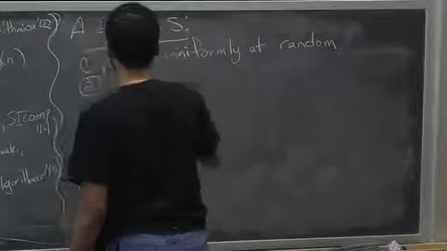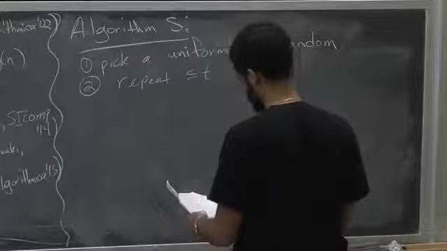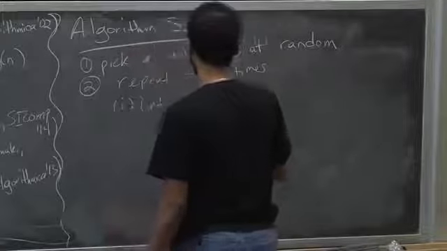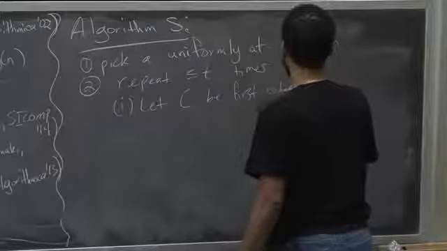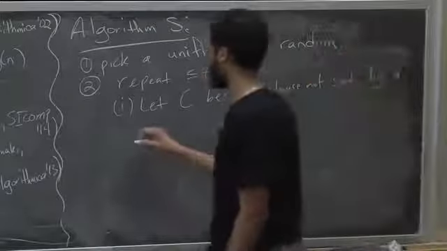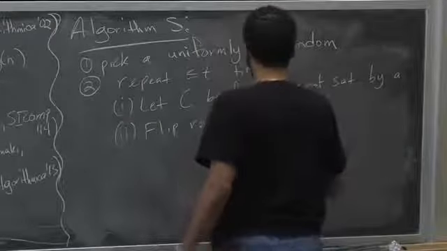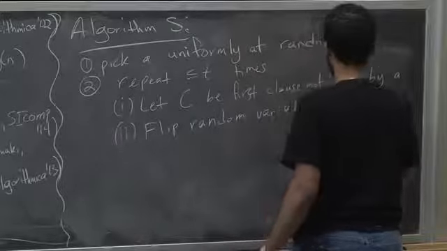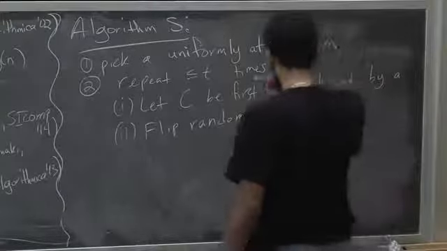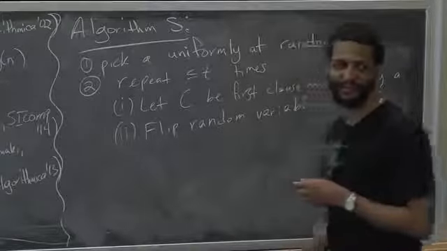And 2, repeat at most t times: let C be the first clause not satisfied by A. Flip a random variable in C. And that's it.